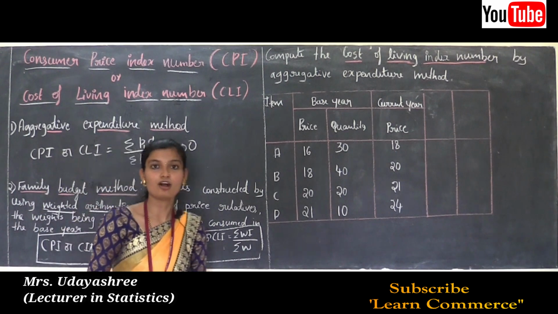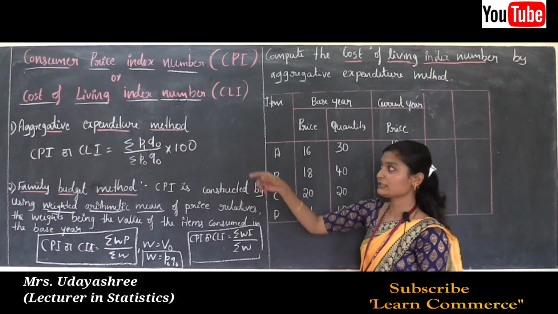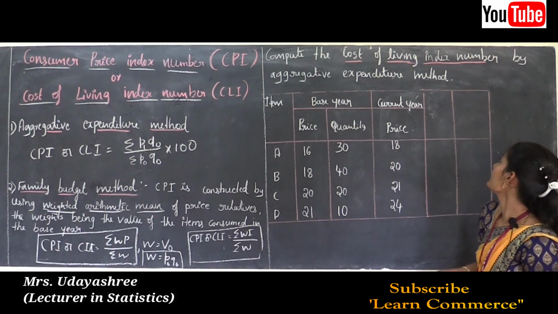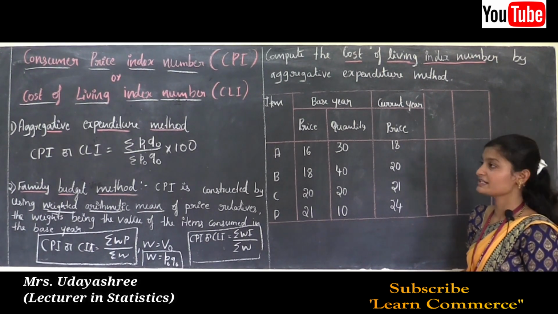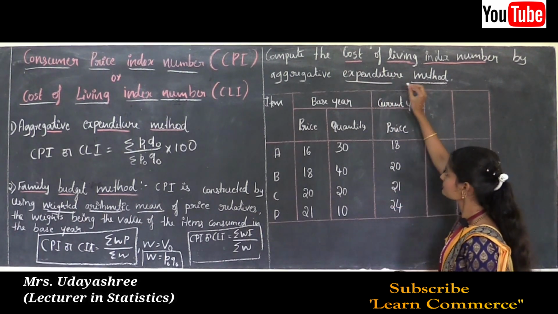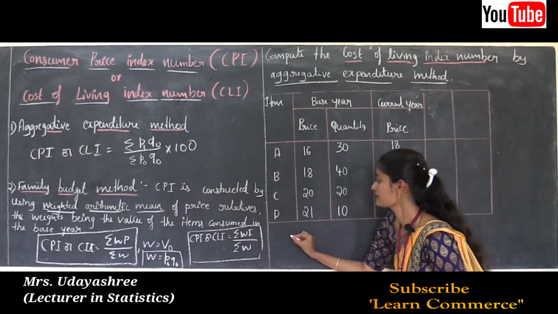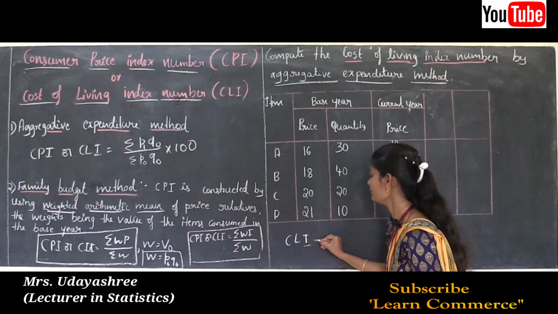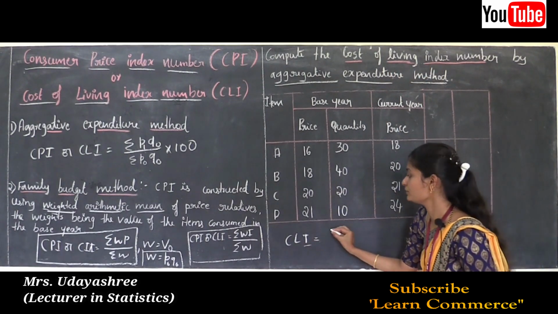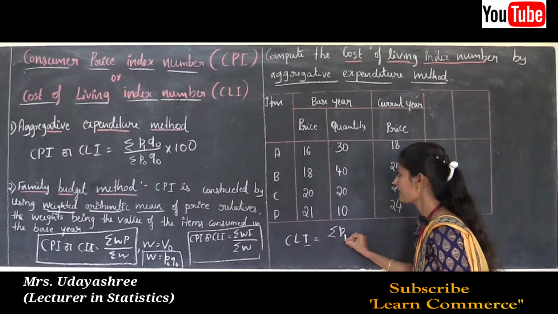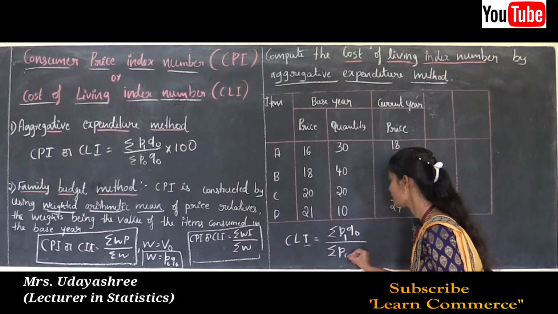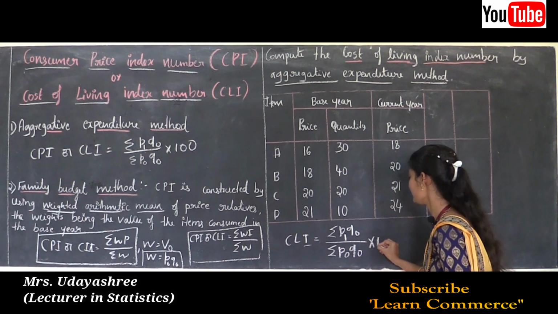Next, let us see a problem based on aggregative expenditure method, that is compute the cost of living index number by using aggregative expenditure method. We know the formula, CLI, because it is cost of living index number, is equal to sum of P1 Q0 divided by sum of P0 Q0 into 100.